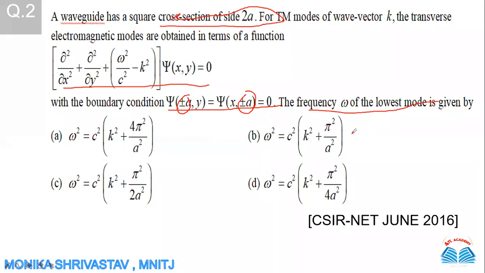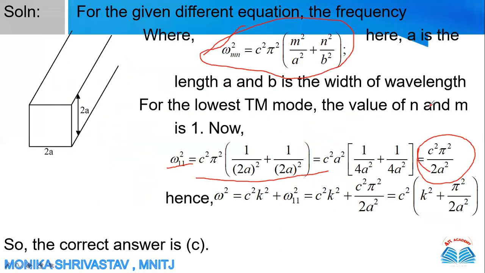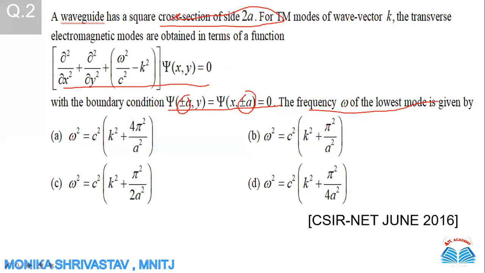They are asking the frequency for the lowest mode. So the frequency for the lowest mode will add some constant value, which is c square k square. So omega square will be equal to c square k square plus omega 11 square. Just put the value and you can get the answer. Okay, so the correct answer will be option number C.